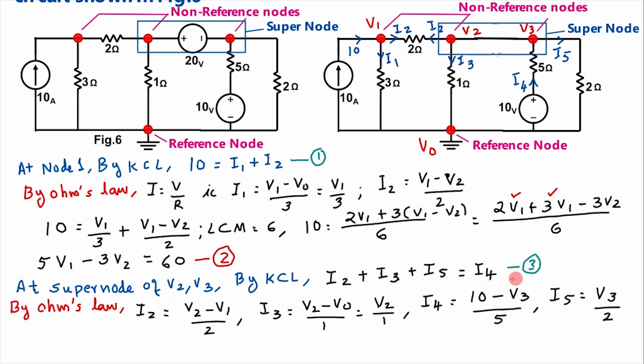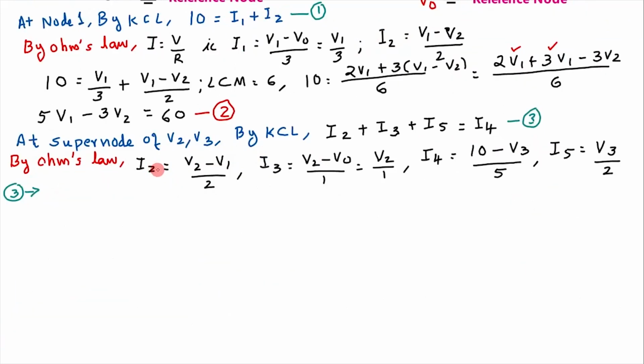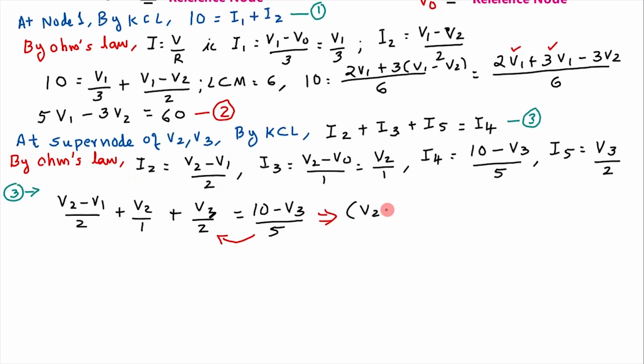Substituting this in equation number 3, it becomes: first is I2, V2 minus V1 by 2, plus I3, V2 by 1, plus I5, V3 by 2, is equal to I4, 10 minus V3 by 5. Bringing this term to the left hand side, the equation can be written as V2 minus V1 by 2 plus V2 by 1 plus V3 by 2 minus 10 minus V3 divided by 5 is equal to 0.